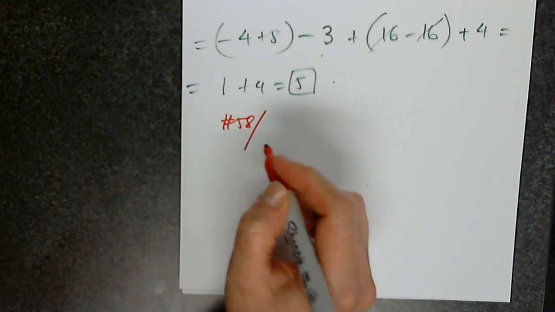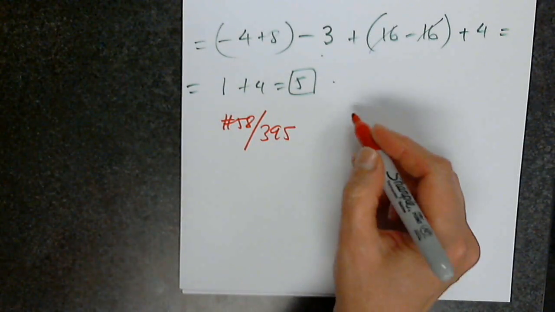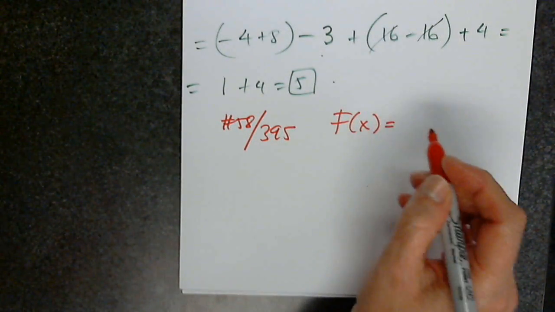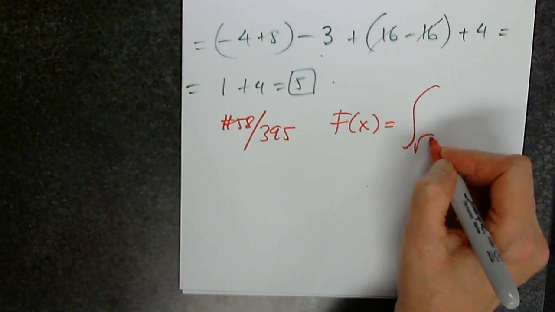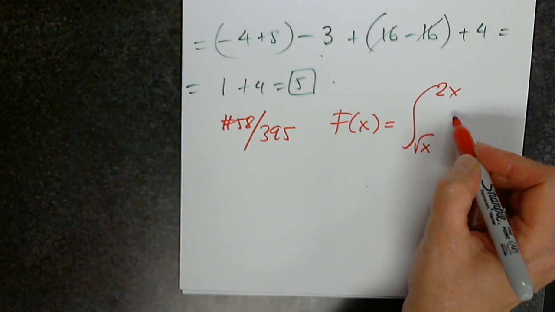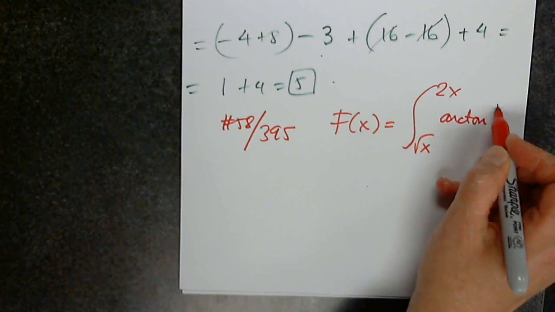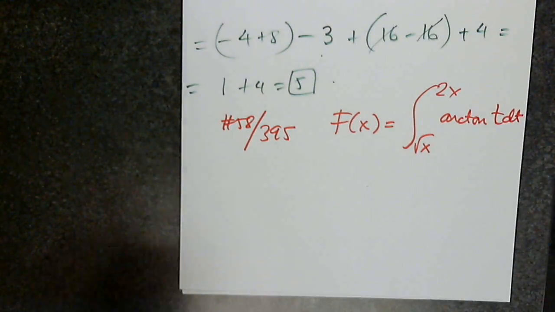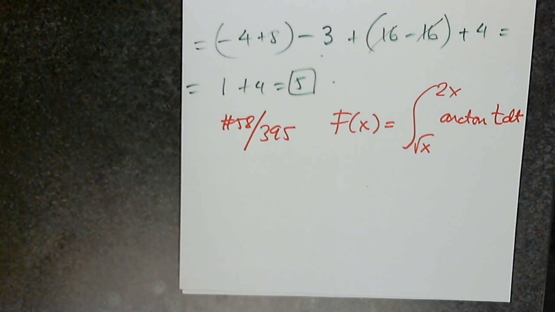58 on page 395. Uppercase F is given in the form of an integral, from the square root of x to 2x of arctangent t dt. In this problem, we can only be asked to do what?